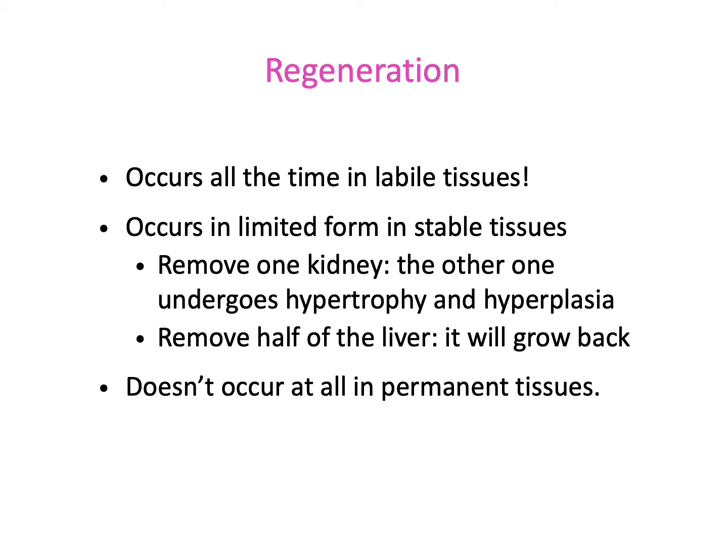So it kind of looks like a lumpy, enlarged mass, but it does grow back. And we'll look at that on the next slide. So that's pretty cool. The liver has a pretty strong regenerative capacity, at least compared to other stable tissues. And then permanent tissues, there's no regenerative capacity whatsoever.